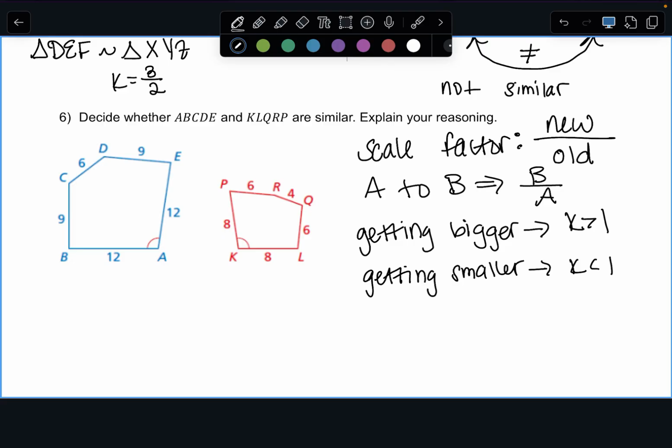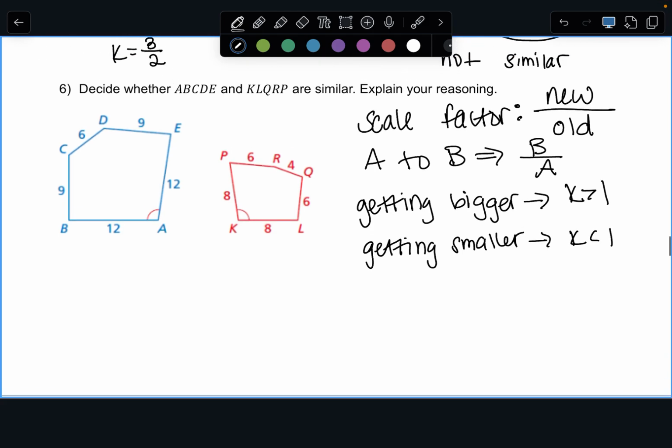Let's act like they are similar and we're trying to find a scale factor. So let's look at all of our corresponding sides, starting from the smallest. And let's go this way. So blue to red, are we getting bigger or smaller? We're getting smaller. So our scale factor should be a small fraction. So I'm going to put red, my new thing, over blue, my old thing.